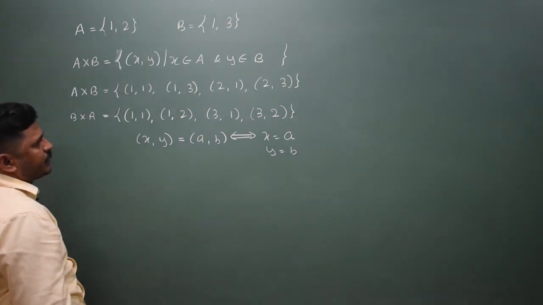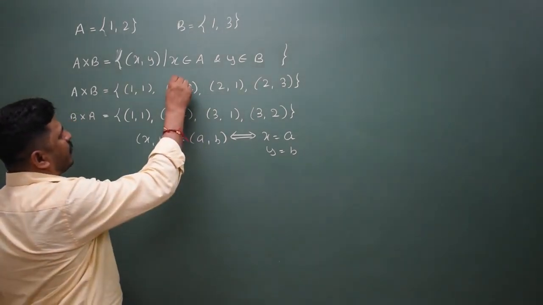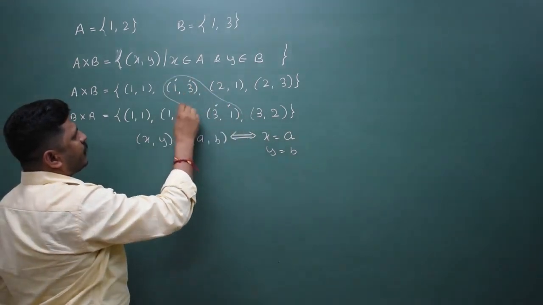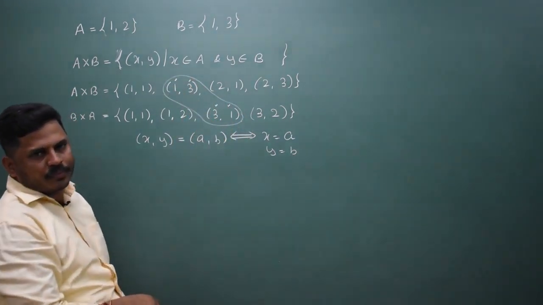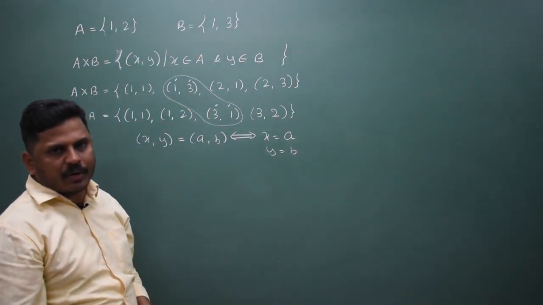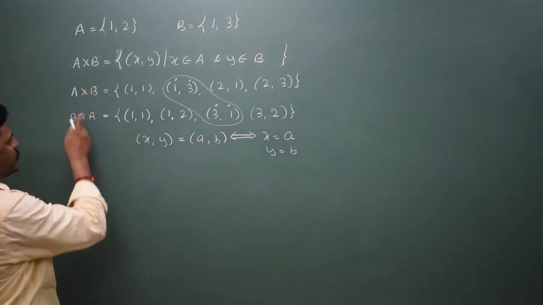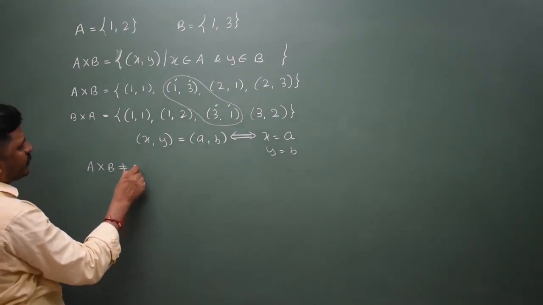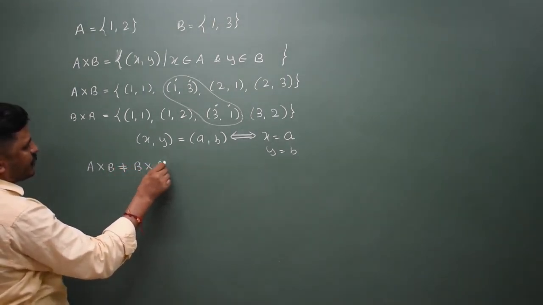Now my question is, here (1, 3) is there, here (3, 1) is there. Are these two ordered pairs equal? No, they are not equal. If these ordered pairs are not equal, then these two sets are also not equal. So A cross B definitely is not equal to B cross A.